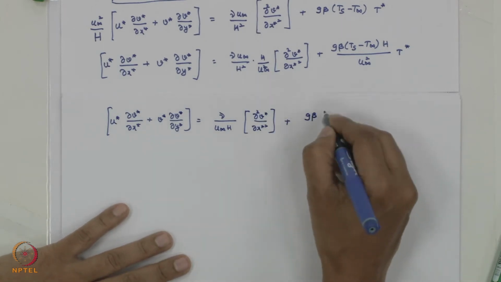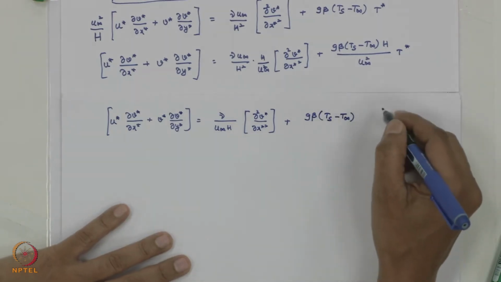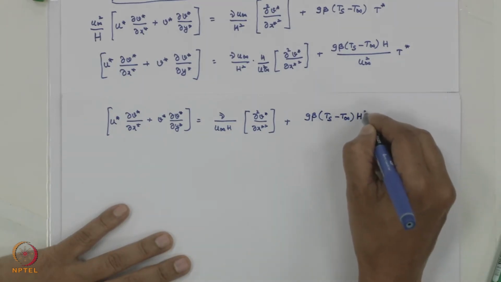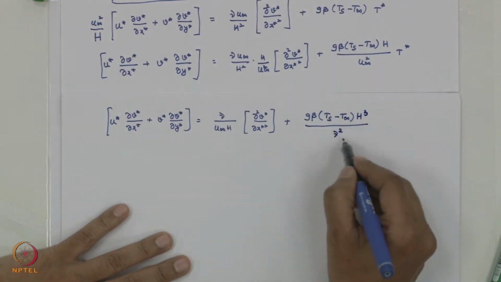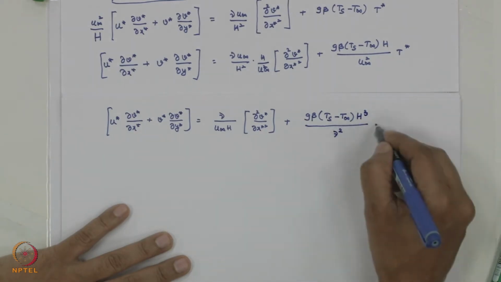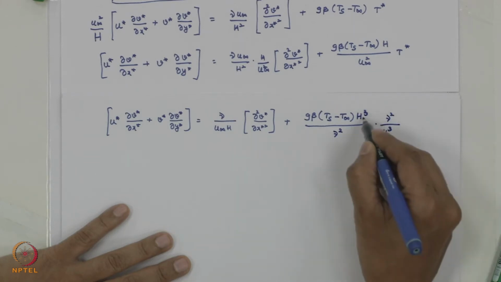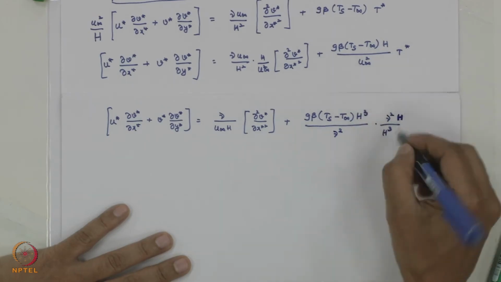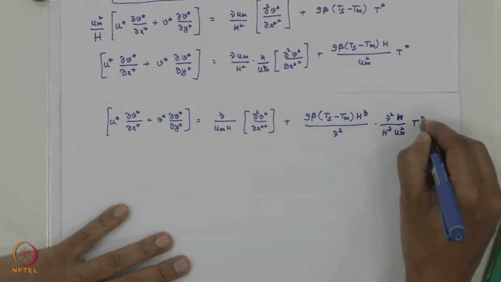G beta delta t, that is ts minus t infinity, into h cube divided by nu squared. So I have taken nu squared here, so I have to multiply by nu squared, and I have multiplied by h cube, so I have to divide by h cube. So I have h here already, and u infinity square. Okay, so this is the readjustment.